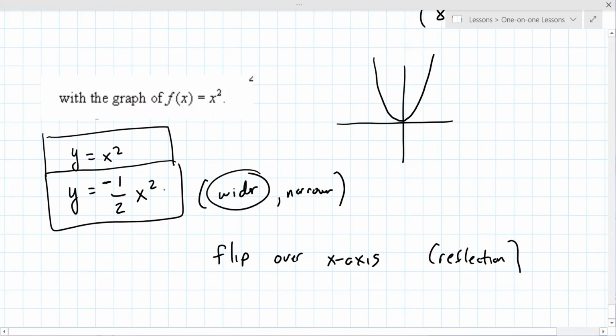Now I want you to put -2 in over here. Okay, yeah, it moved down two spaces. Good. Excellent.